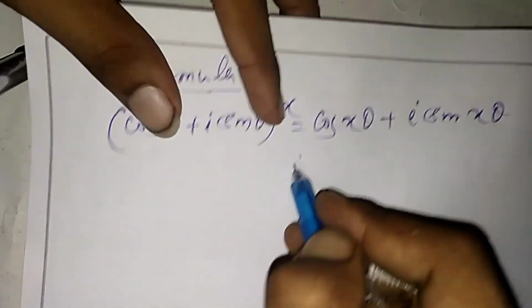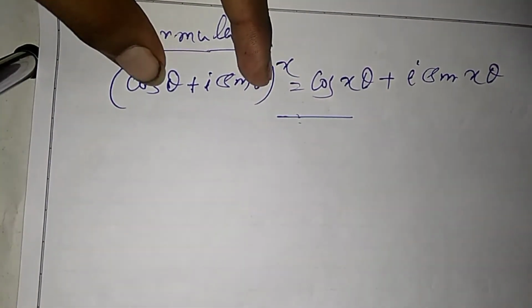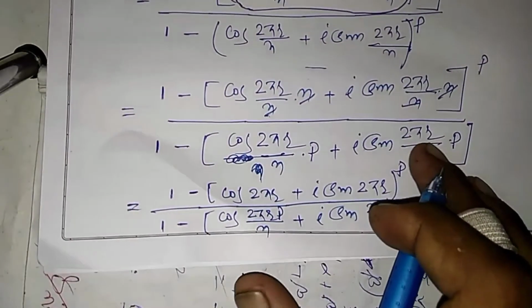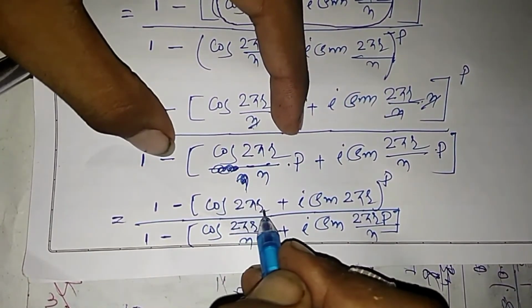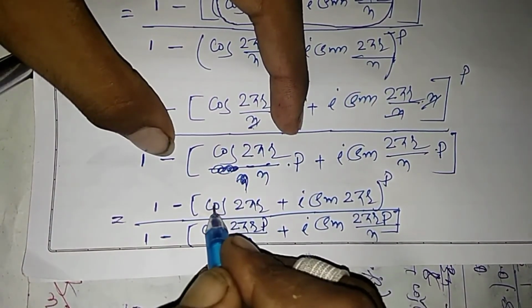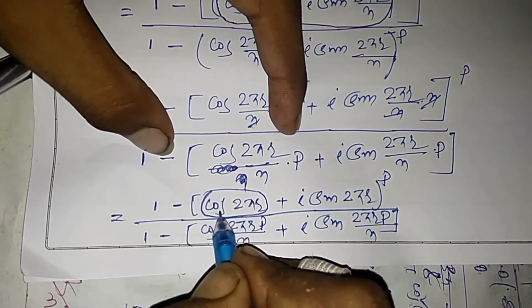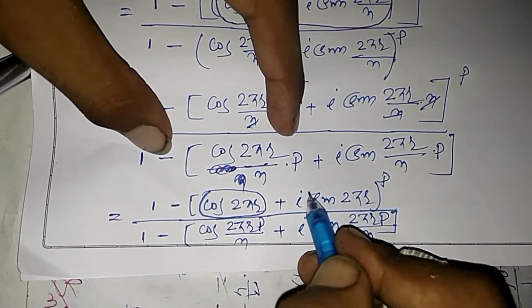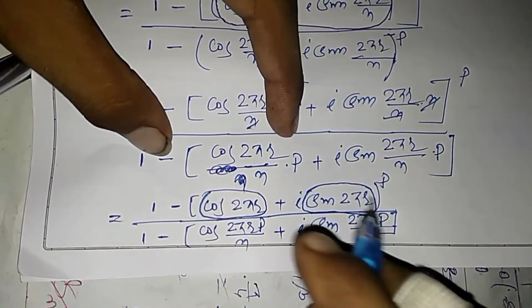Now for any value of r, the cosine term is always 1, and for any value of r, the sine term is always 0.